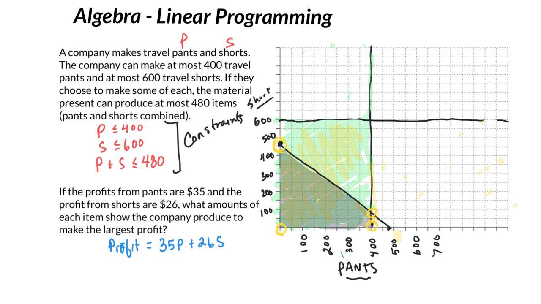Now, a couple of logic things I just want to talk about here, because oftentimes when students see linear programming problems like this, it becomes very overwhelming, right? We've got to read a setup and write our constraints. That's difficult to do at first when you're starting out. You have to do the graphing and the shading, and that's a lot. And then not only that, but now we're trying to maximize the profit.